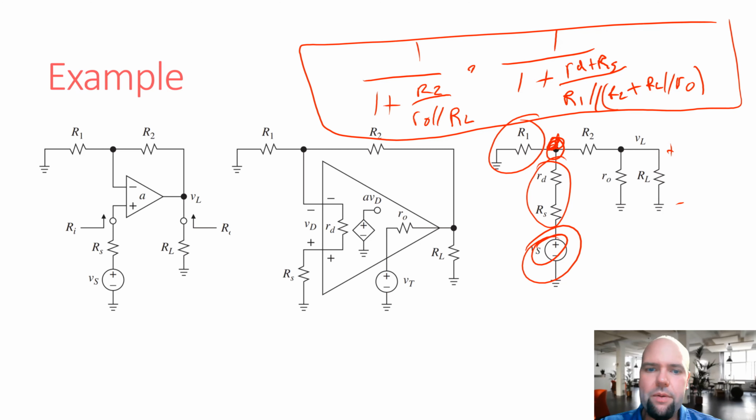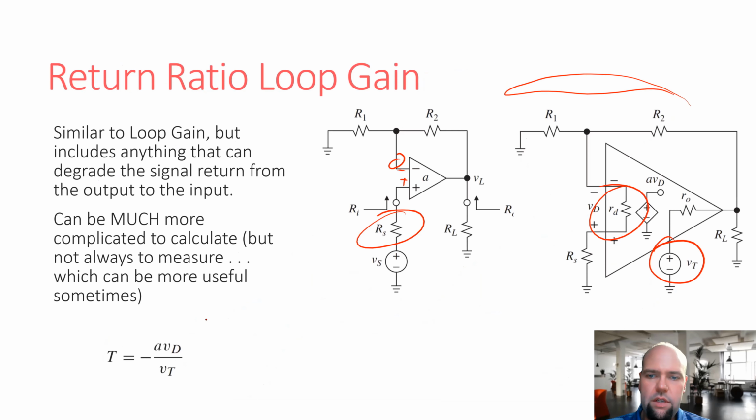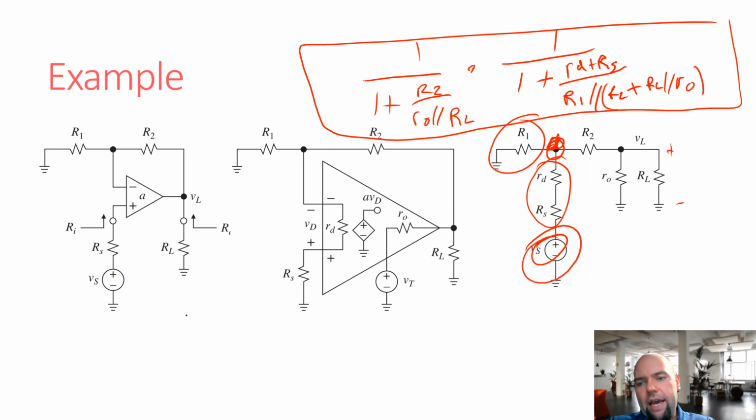It's embarrassing if I flip those upside down. Let me make sure. I feel like I did one of these wrong. No, I think that's right. Yeah, so that big ugly thing.